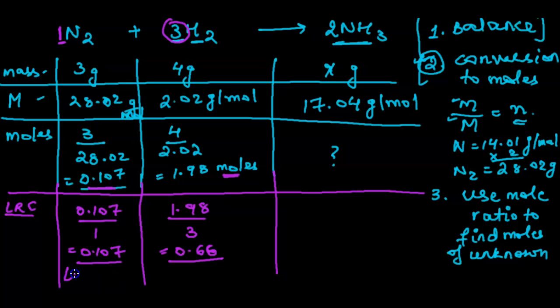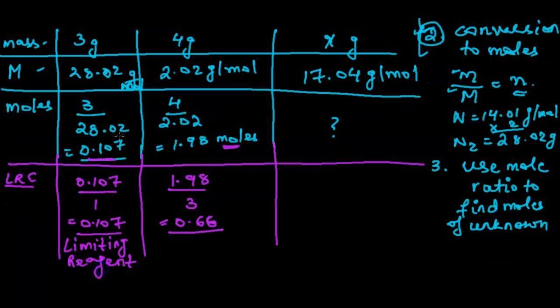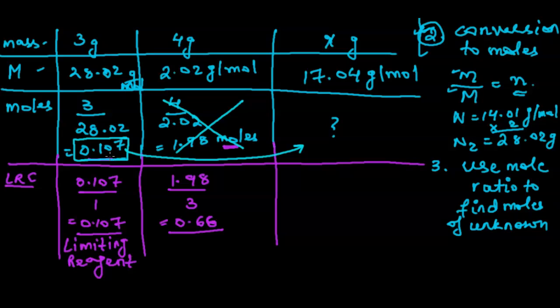So our limiting reagent is nitrogen. So we would be using the moles of nitrogen obtained to find out the moles of ammonia, and we would discard the moles of hydrogen, because nitrogen are the moles that are going to be consumed first in the reaction. So the amount of nitrogen is going to decide how much amount of ammonia is going to be formed.